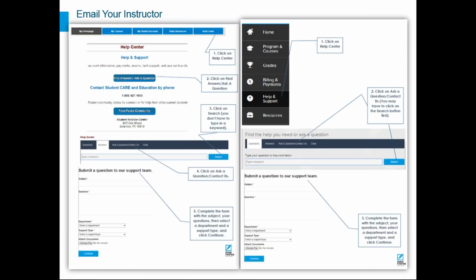You also can email your instructor, and with the email I thought to bring you screenshots of where to go. Each student may have different looks of the accounts. The courses are identical, but the look of things in your account may differ. So if you have that kind of account, you want to follow those steps to send an email. If you have this account, you want to follow those steps to send an email to your instructor.